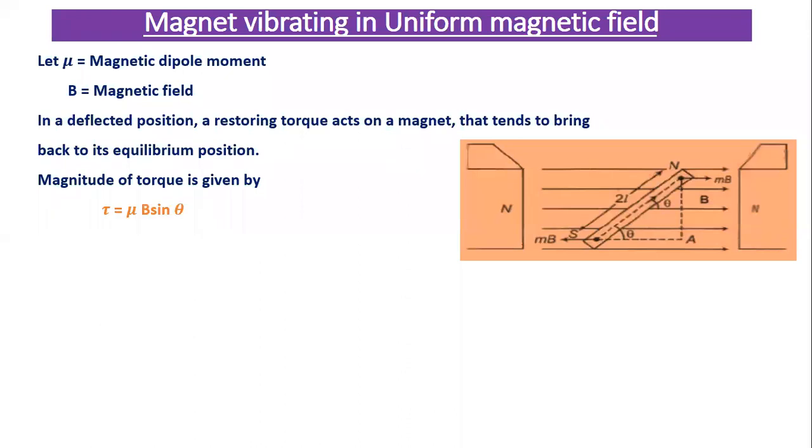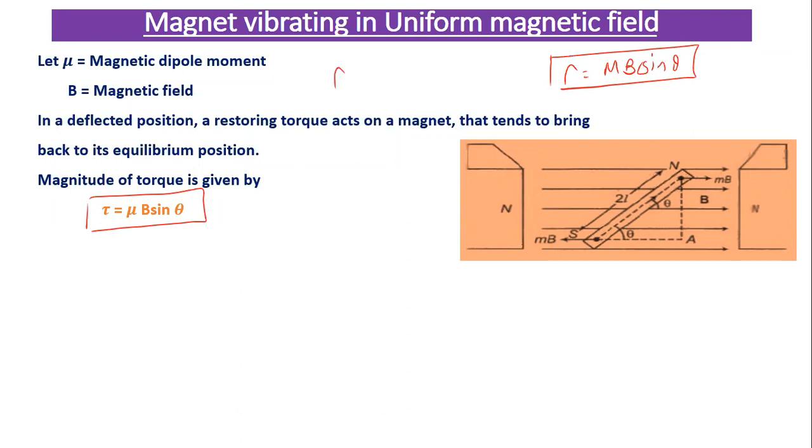The magnitude of the torque is given by torque is equal to mu B sine theta. In Physics 2, I told you torque is given by the formula MB sine theta. So this is the formula of torque acting on a magnetic dipole.